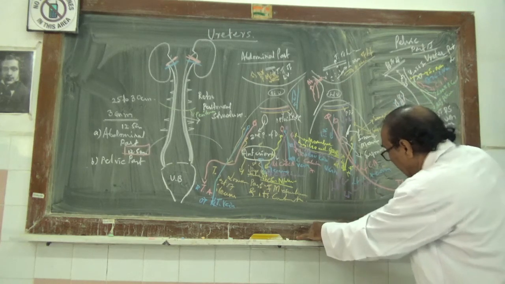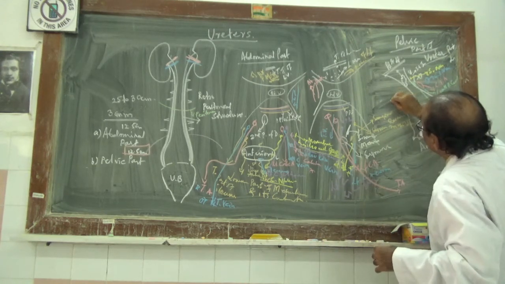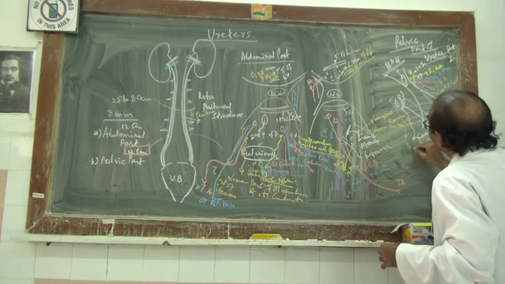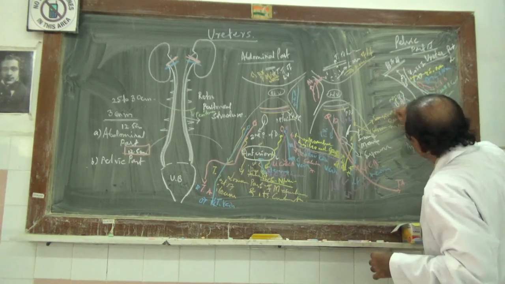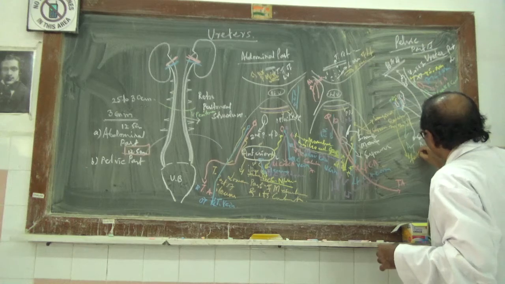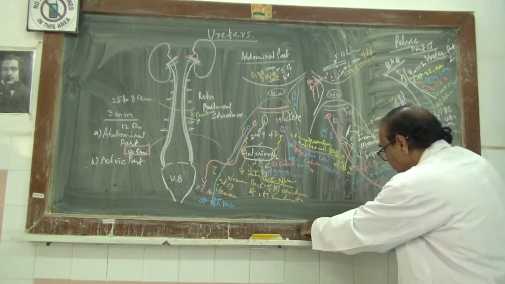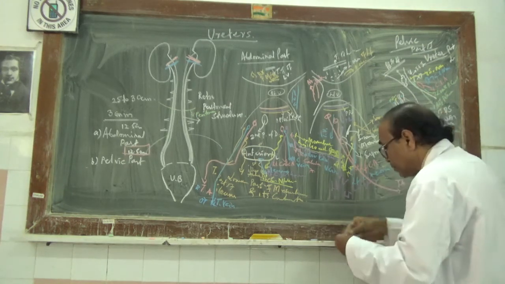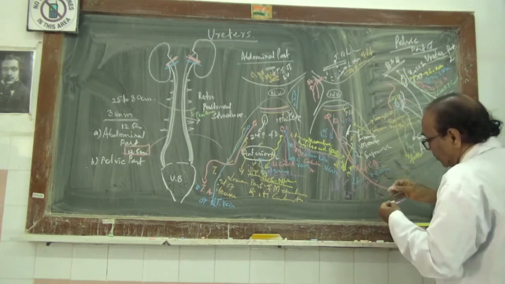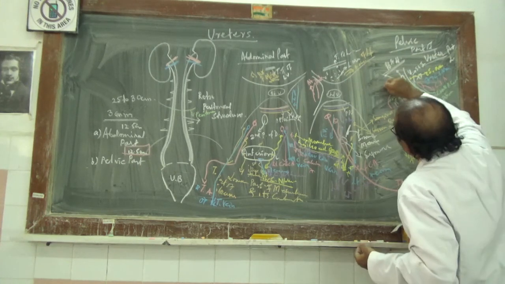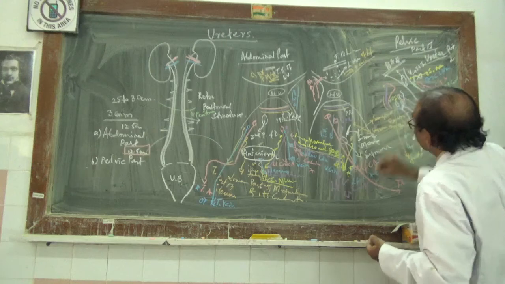Then areolar tissue, a little amount of fat, and the parietal part of the peritoneum, visceral part of the peritoneum.